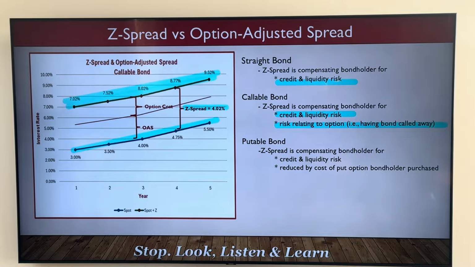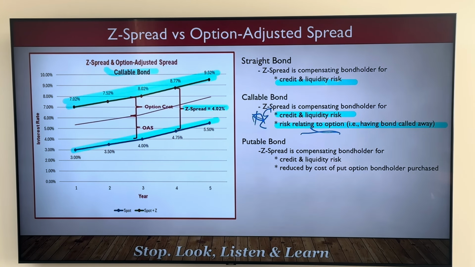But let's say that this is a callable bond. Well, in that case, this Z spread is going to compensate you for these two risks here: the credit risk and liquidity, and then the risk relating to the option.